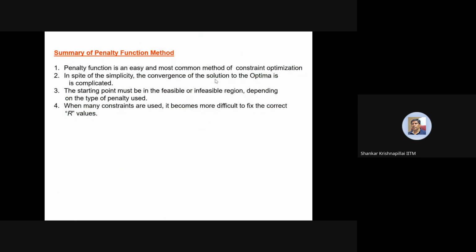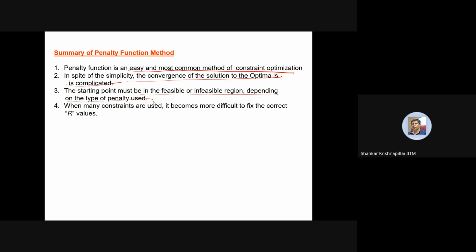Look at the summary of penalty function method. Penalty function is an easy and most common method of constraint optimization. So most engineers use this penalty function method. Otherwise, they have to use the Lagrange multiplier and all, which is very difficult. Okay, but in spite of the simplicity, convergence of the solution to optima is very complicated. Okay, so the starting point must be in the feasible region or infeasible region, depending on the type of penalty used.